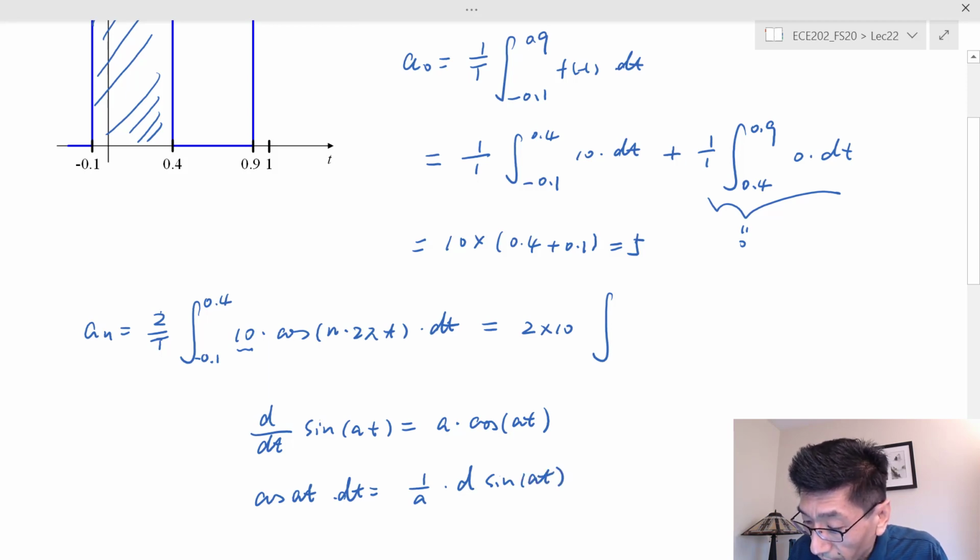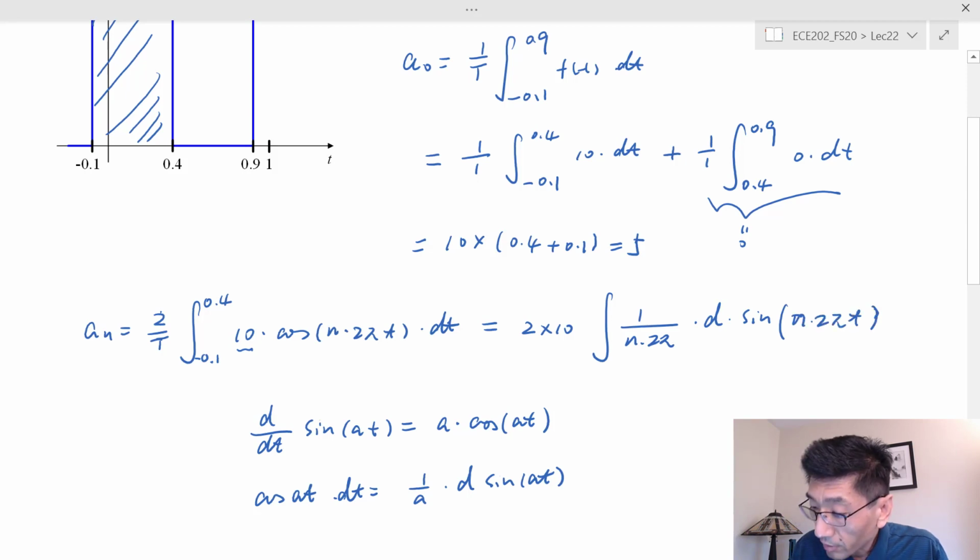Therefore the 1 over a is going to be 1 over n times 2 pi, times sine of n times 2 pi t.